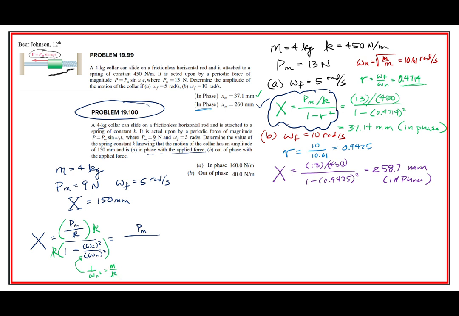So when we distribute this K here, we get K minus, and then the K is going to get rid of this K right here and just leave an M times omega F squared. Did I do that right? Yep, I got it right.